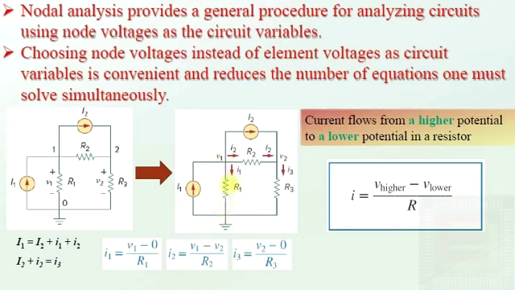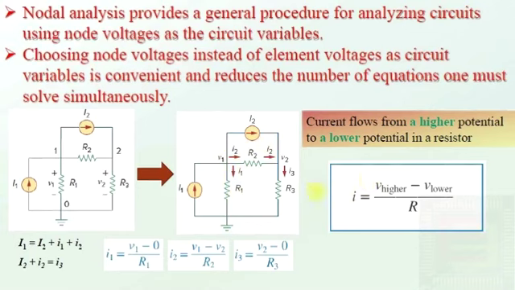And current flows from a higher potential to a lower potential. So if this is the direction of the current, the current through the resistance R1 is given by V1 minus 0 divided by R1. If you apply this general rule to the nodes in this circuit, I1 as marked in this figure is given by V1 minus 0 divided by R1.